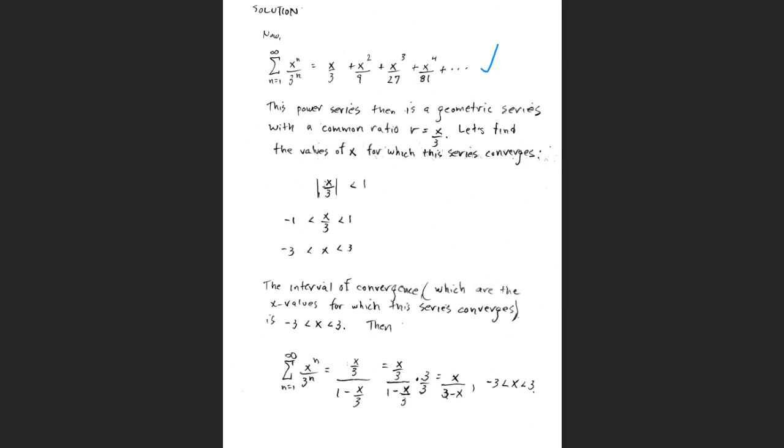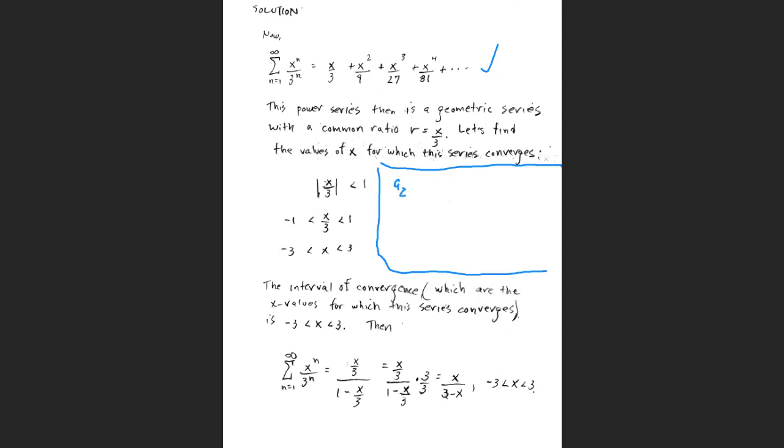All right, so this power series is a geometric series with a common ratio r equals x over 3. Now, how am I getting that? Well, first of all, you can kind of guess it from the way we wrote the series.